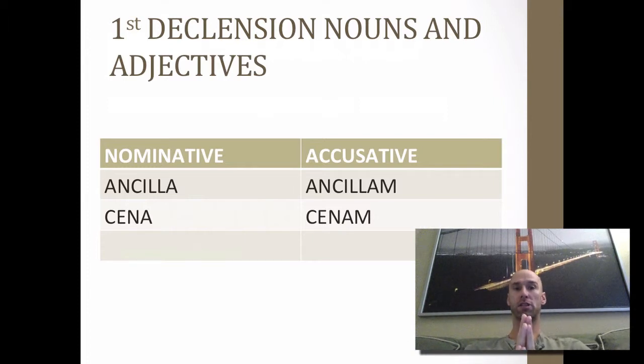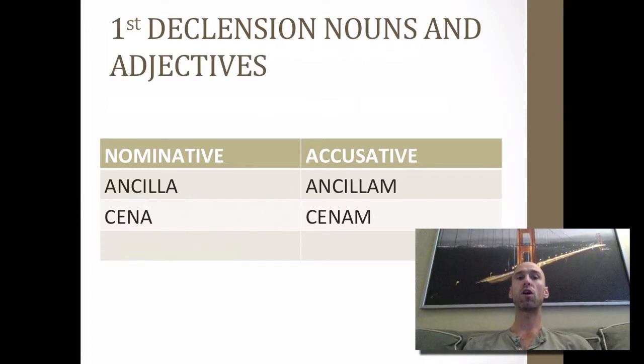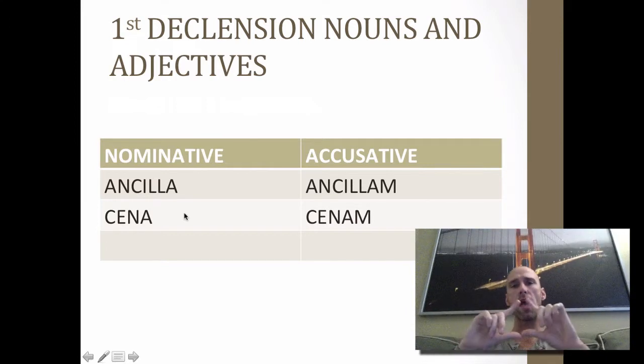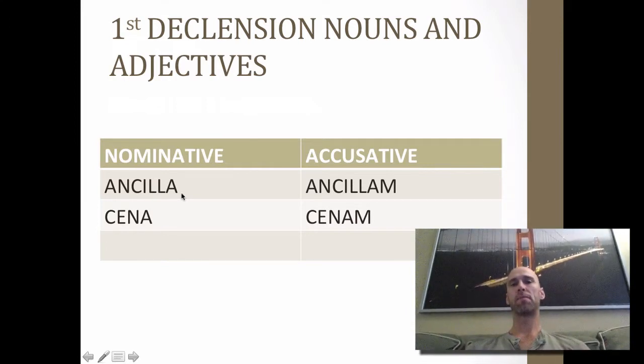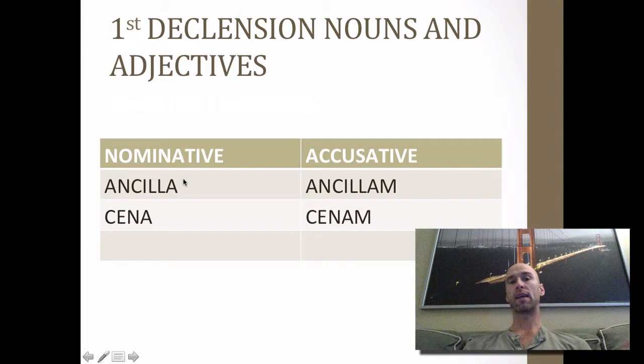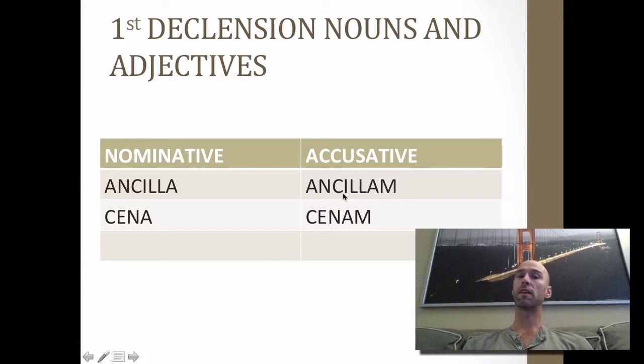The first declension in the nominative is always going to end in what letter do you think? A. And words like ancella and cena, they end in A in the nominative. And in the accusative, these nouns end in am.